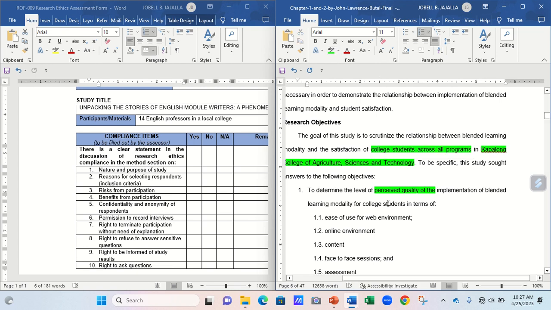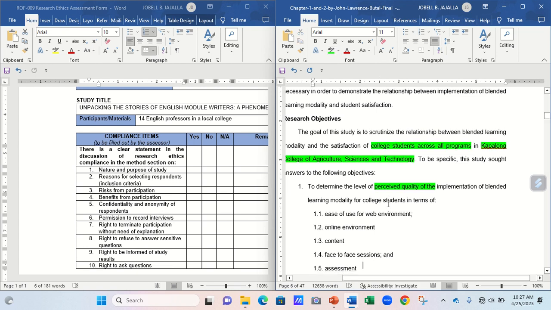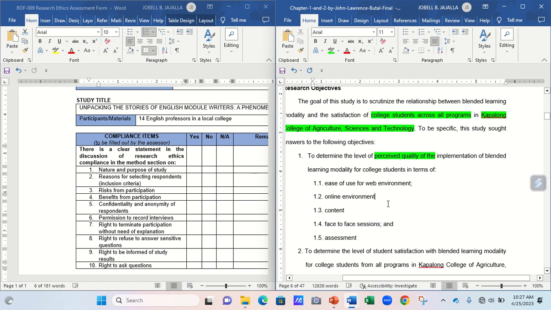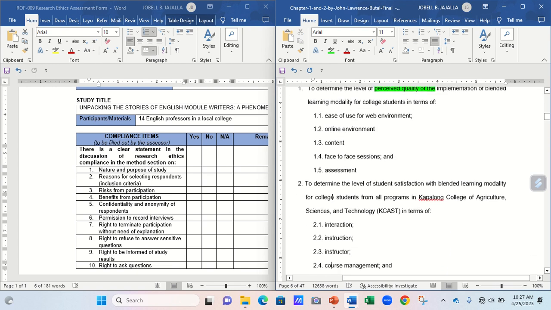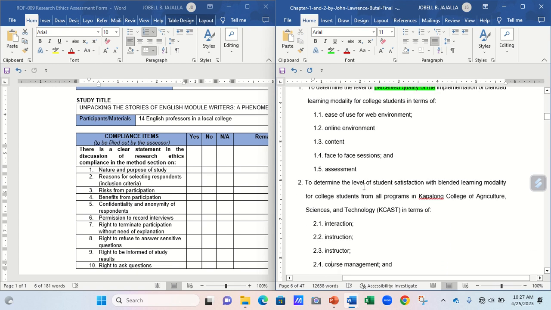So the perceived quality of the implementation, of college students. In per item, you no longer need to mention the institution. Just mention broadly the college students. Then we have here the following indicators for this one. And number two is to determine the level of student satisfaction with blended learning modality.